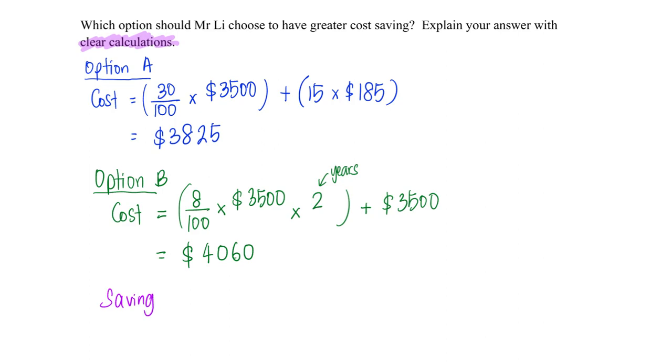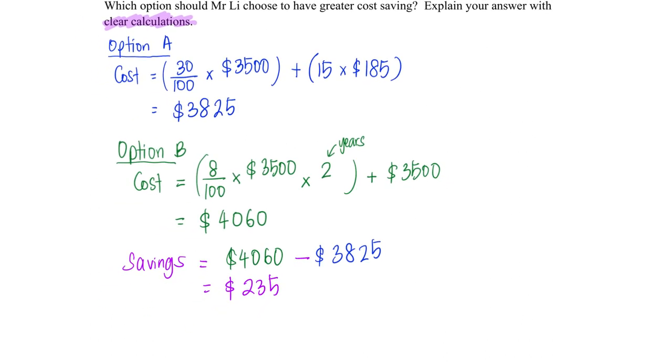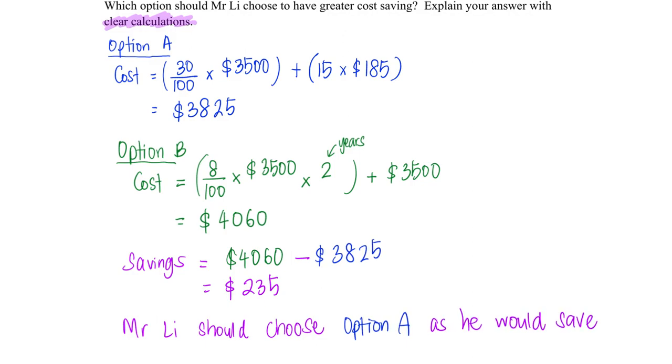The savings will be $4,060 minus this, to give me a value of 235, meaning that Mr. Lee should choose option A, as he would save $235.